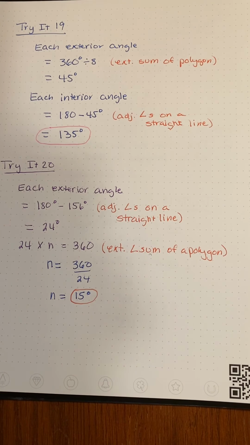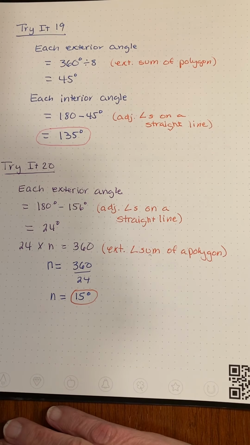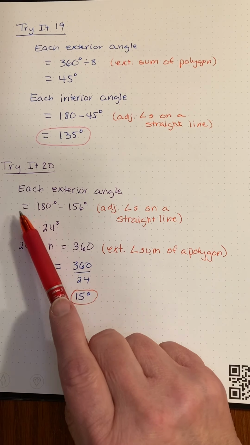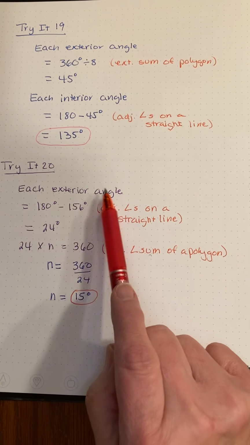Top of page 218 in Try It 20. We're told here, if each interior angle of a regular n-sided polygon is 156 degrees, find the value of n. So we want to find out how many sides this regular polygon has. Regular, again, means all sides are equal. First of all, we need to find the exterior angle.